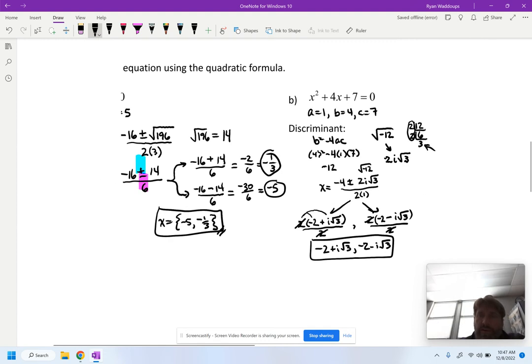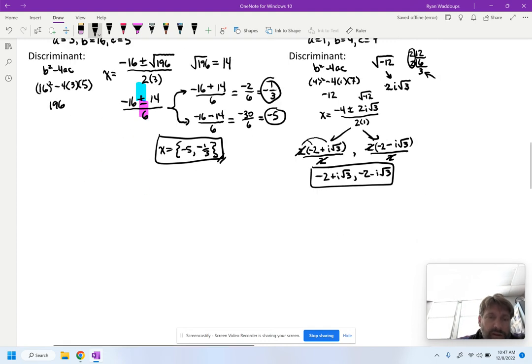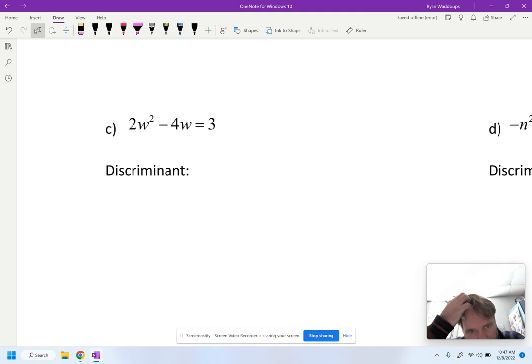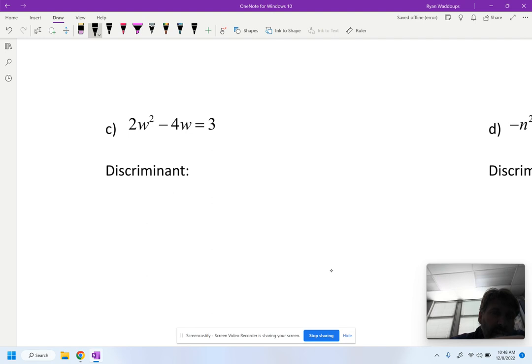All right, let's go to example C. Now I notice in example C that this is not in standard form. And so I'm going to rewrite it as 2w squared minus 4w. I subtract 3 from both sides, gives me minus 3 on the left, and on the right, 0, because 3 minus 3 would be 0.